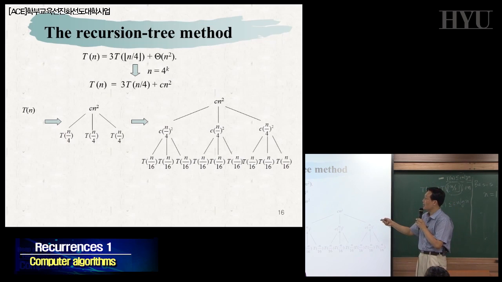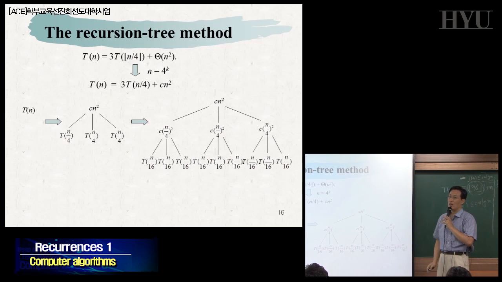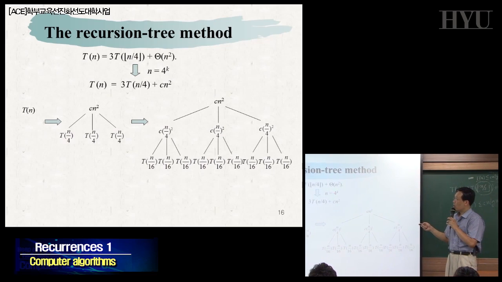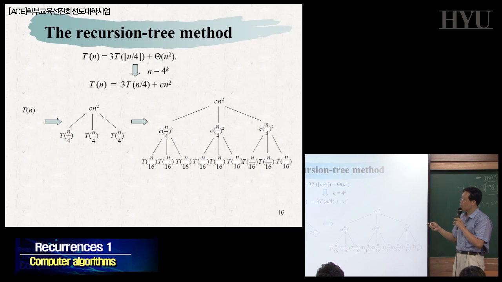So we assume that n can be represented by 4 to the k. Then we can remove the floor sign. And the theta of n squared is replaced by cn squared.